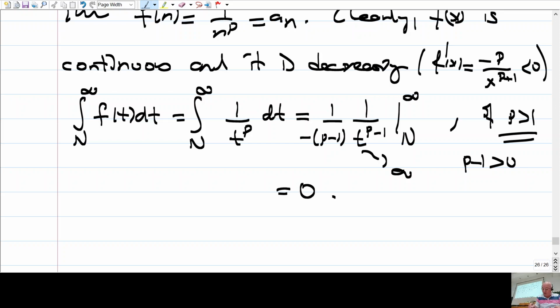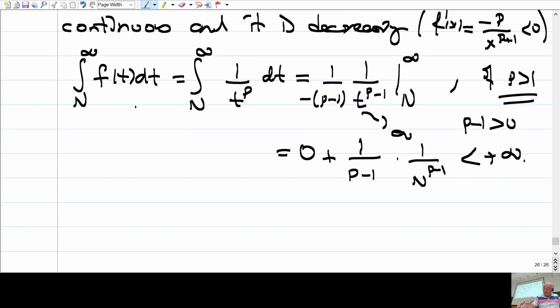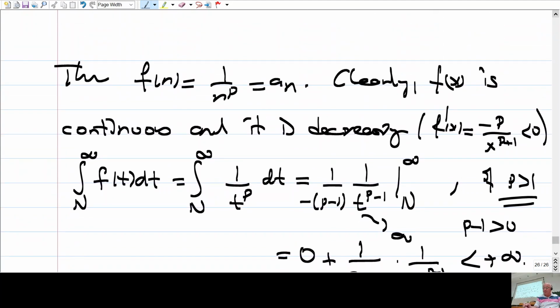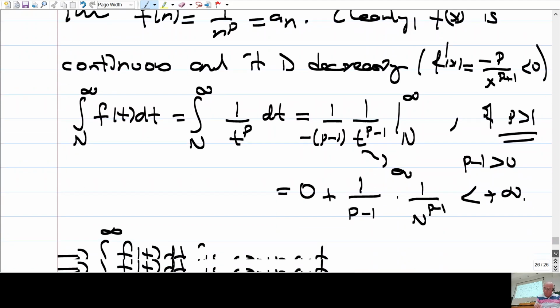So this will be 0 minus, you plug n. I have another minus, so it will be plus 1 over p minus 1 times 1 over n to the power p minus 1. But this is a finite number, so this integral is convergent. But if this is convergent, by our integral test, the series is convergent.